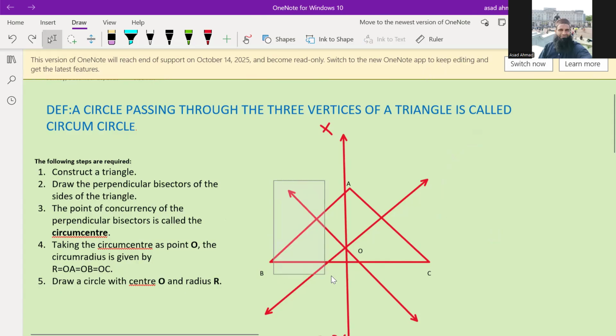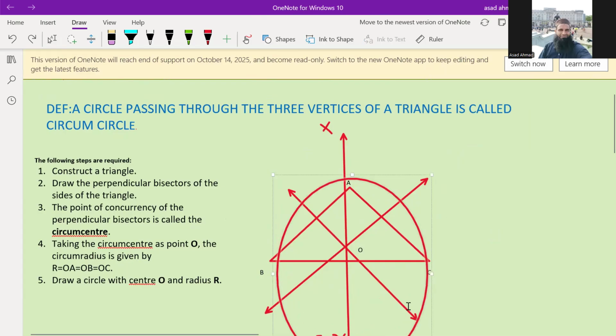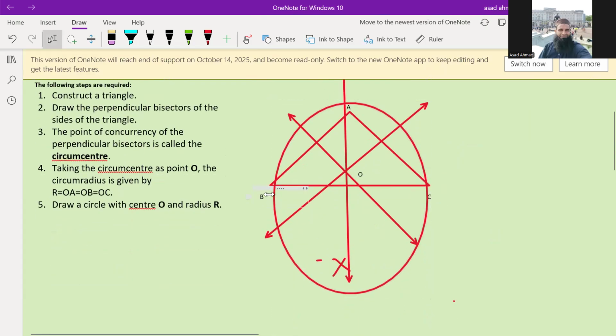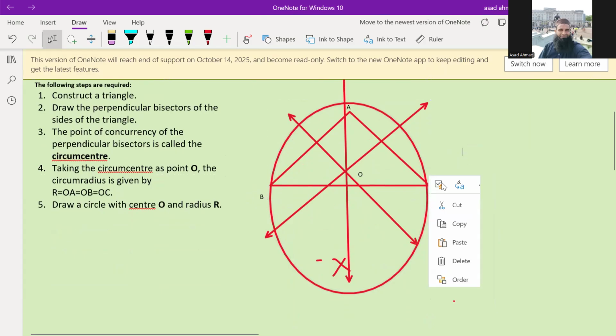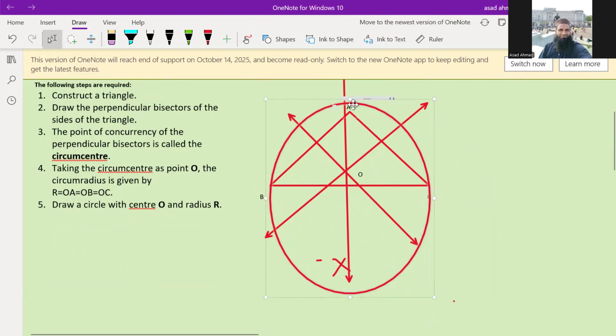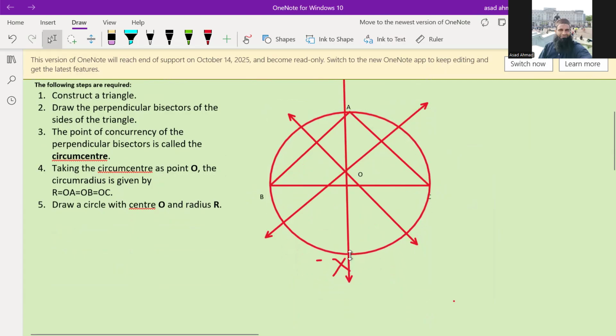Because I have to draw right here, I will first make the circle, then I will adjust it. But you will be drawing with your compasses. All three vertices A, B, C will be on the circle like this.